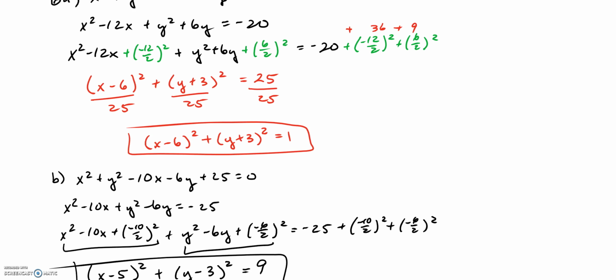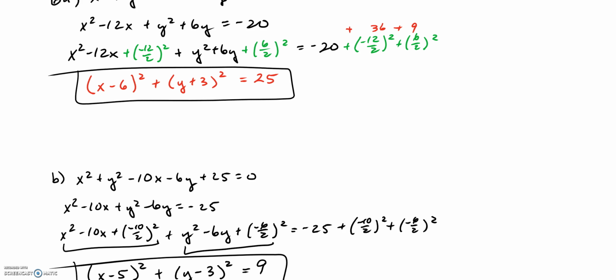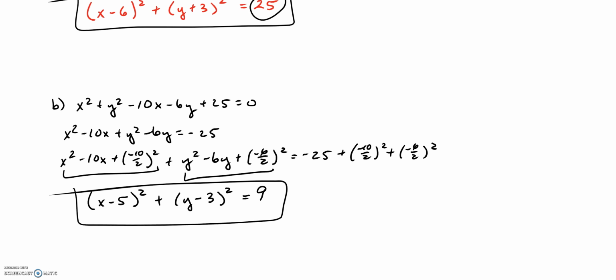If I go back to the one above it, again, I could have stopped. I should have stopped right there. Okay, so those are circles. Circles, remember, this is r squared. That's your radius of the circle, so we want to leave it there.